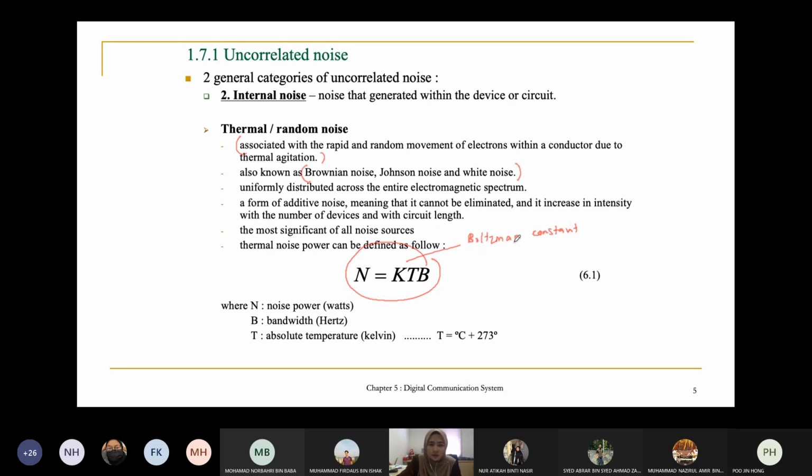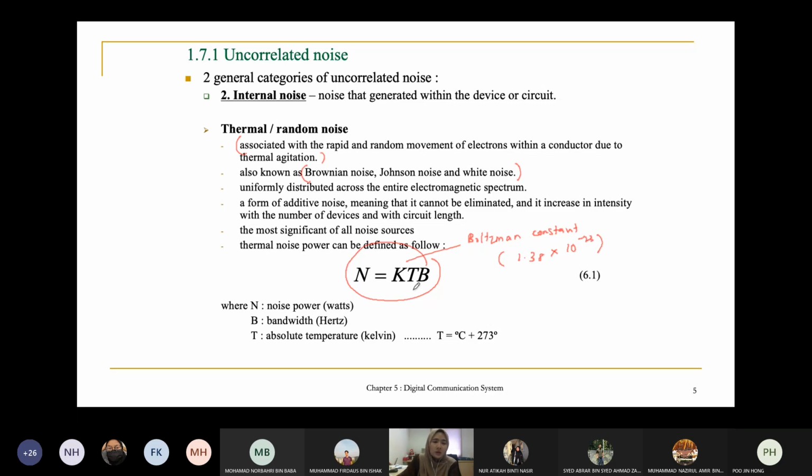Please add this in your slide. K here is the Boltzmann constant and the value is fixed. The value for the Boltzmann constant is 1.38 times 10 to the power of negative 23.